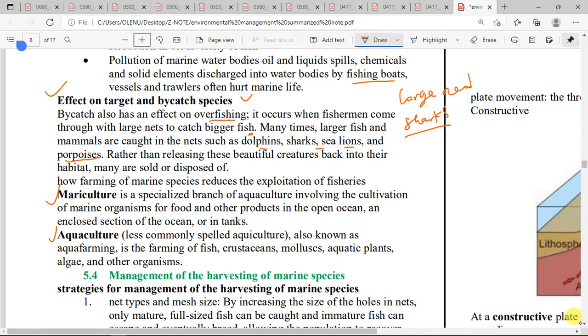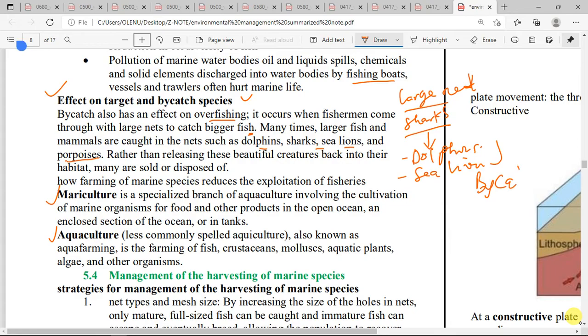In the process of using that large net, you did not only catch shark. Your target is shark, but in that process you also catch dolphins and sea lions. These sea lions and dolphins were not what brought you to fish that particular day, so they are what we refer to as the bycatch species.